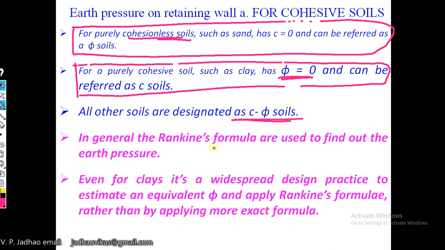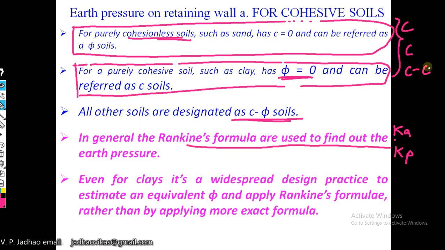So in general we will be using Rankine's formula for calculating the coefficient of active earth pressure and coefficient of passive earth pressure. Rather than considering these different types of soil, that is cohesive soil, cohesionless soil, then C phi soil, we will convert this value C into some equivalent value of phi.